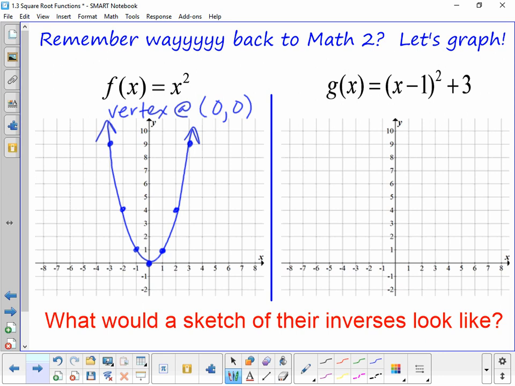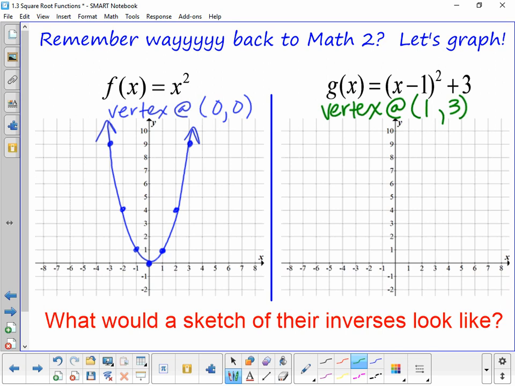This second function, g of x, is also a quadratic. It's going to be a parabola, but it has some transformations happening. So the vertex of the second one, you might remember from last year, is at (1, 3).